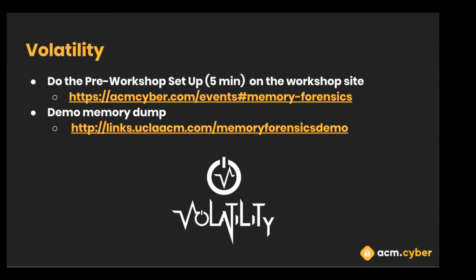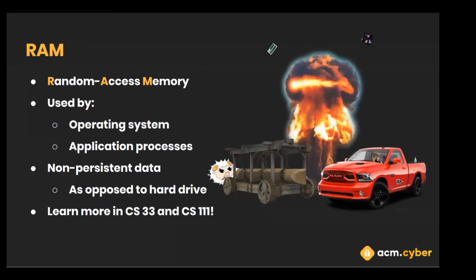Okay, so first of all, what exactly do we mean by memory forensics? Well, the memory part refers to RAM, or random access memory. For those of you who are more familiar with how computers work internally, or maybe built your own desktop before, you know this is an essential component of a computer that basically acts like a big data storage device.